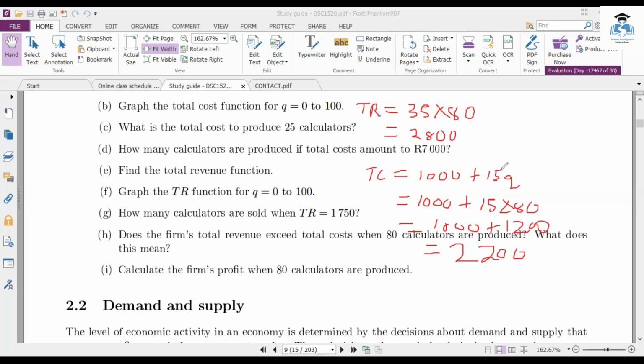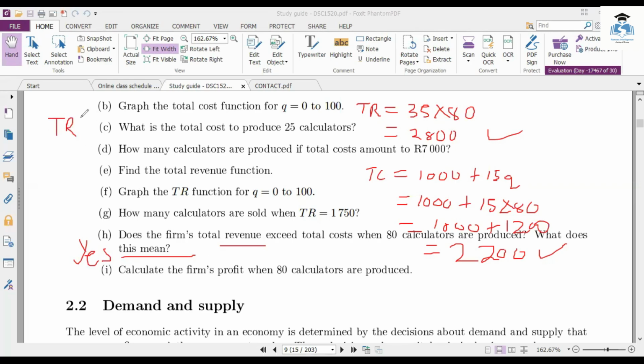Now the question is, does the firm's total revenue exceed total cost when 80 calculators are produced? This is our total revenue, and this is our total cost. So the answer will be yes. What does this mean? He's making profit. Yes, profit of 600.